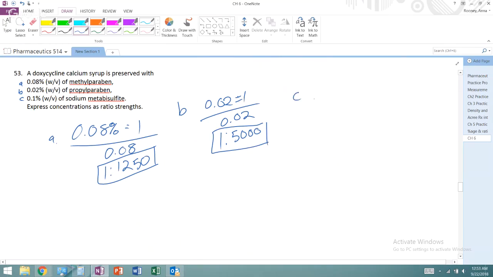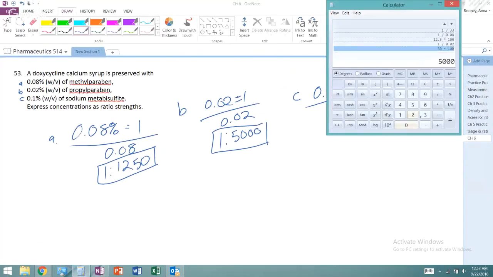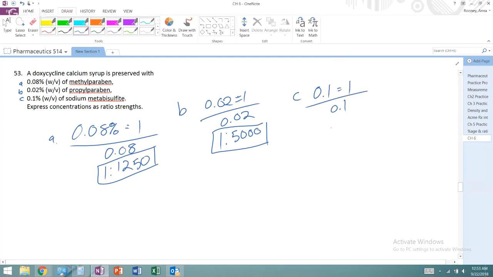And then 0.01. Divided by 0.01 and multiplied by 100, that gives 10,000.